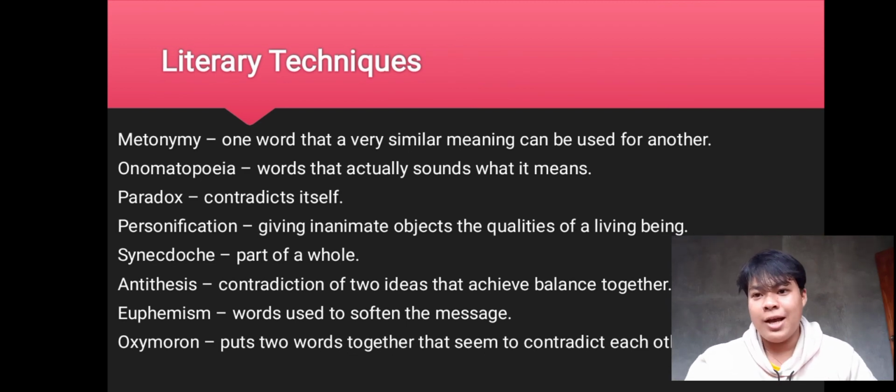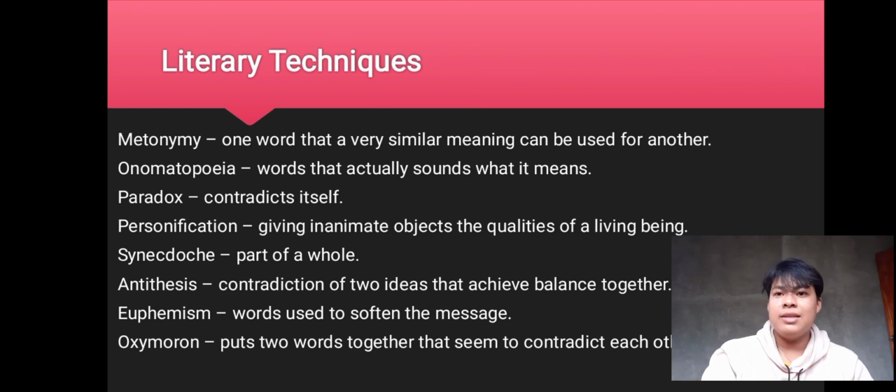Next we have euphemism. What do you mean by euphemism? Euphemism is a word or words used to soften the message. It is used to replace a word or phrase related to a concept which might make others uncomfortable.